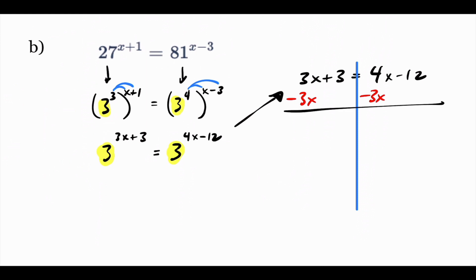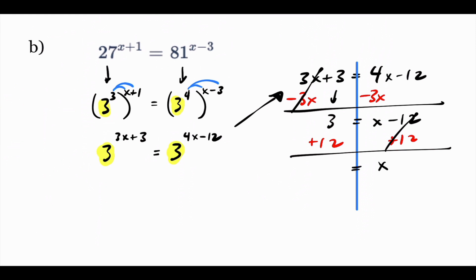Either one's okay. Oops, not 15, 12. As long as you get x alone on one side and everything else on the other side, you're good.